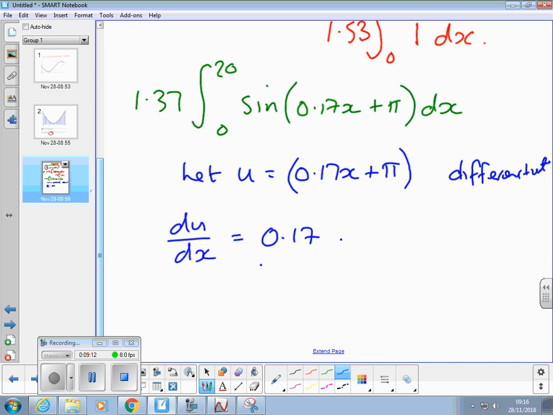The 0.17 would go under du. So dx is equal to du over 0.17. All following so far?